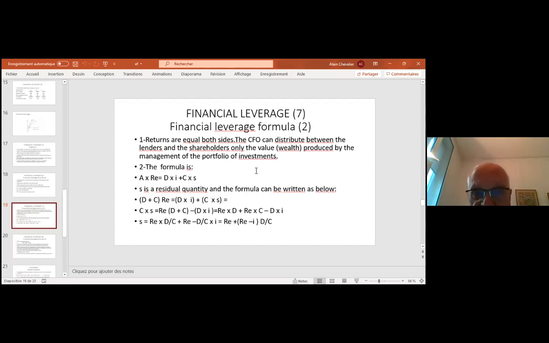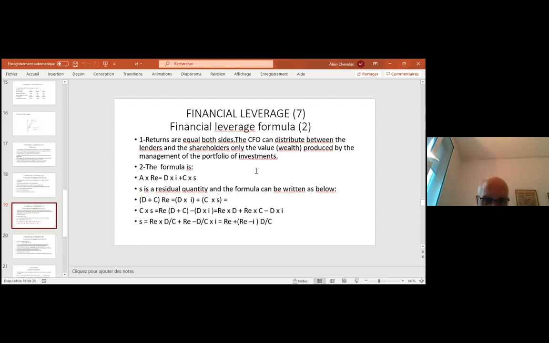And we know also that each year, if a firm is profitable, the left side will produce a return, cash, let's say, to simplify, which is equal to the total of the balance sheet multiplied by the return on this portfolio of investment, A multiplied by RE.